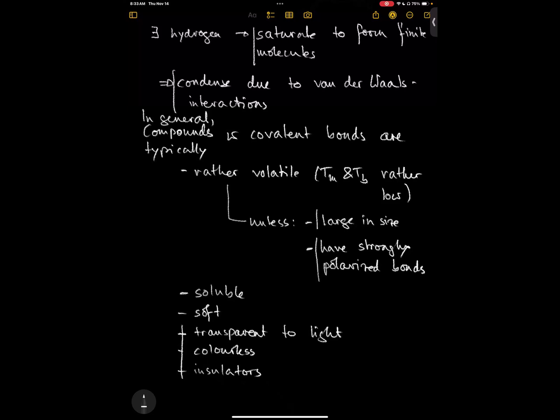I should also remark on the softness. I forgot to explain this. There was a question before the break regarding the curvature.